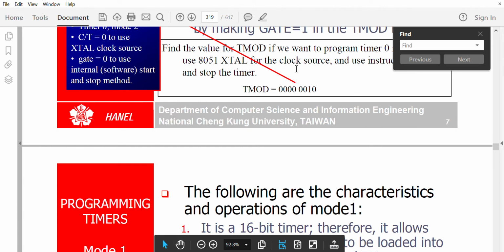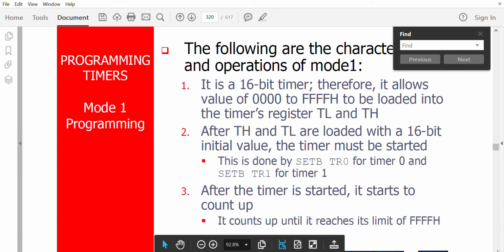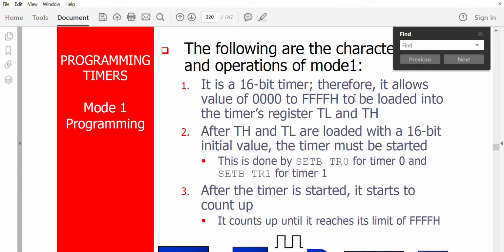Use instructions to start and stop the timer. We know that we are dealing with mode 1 programming.